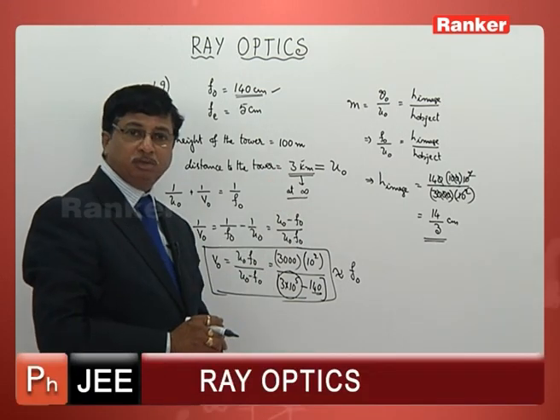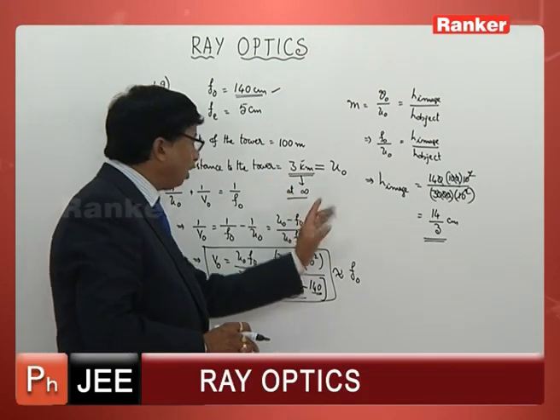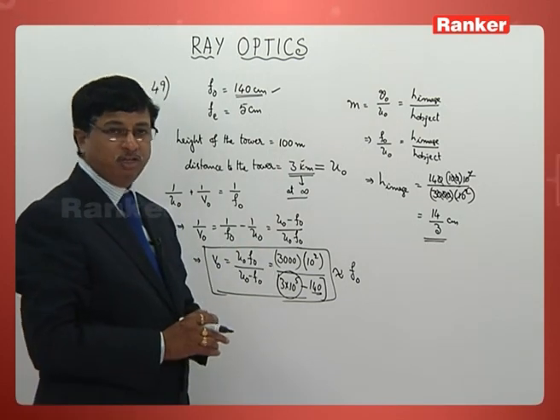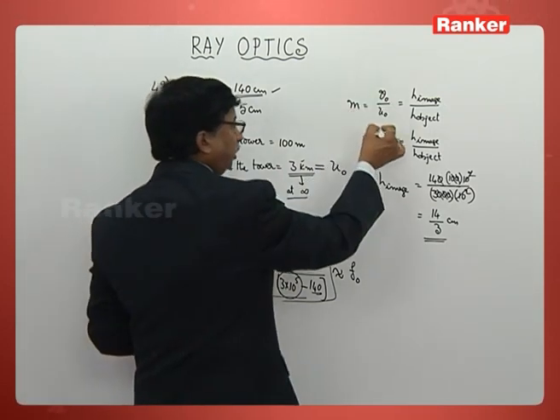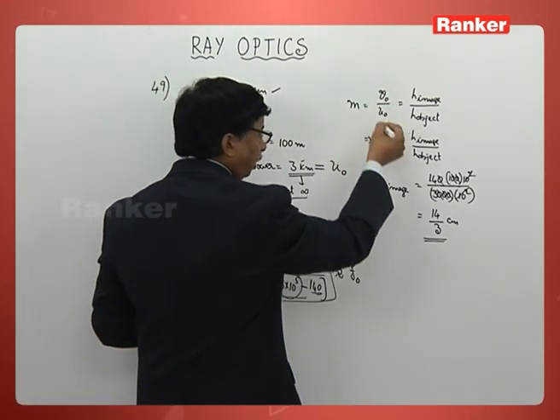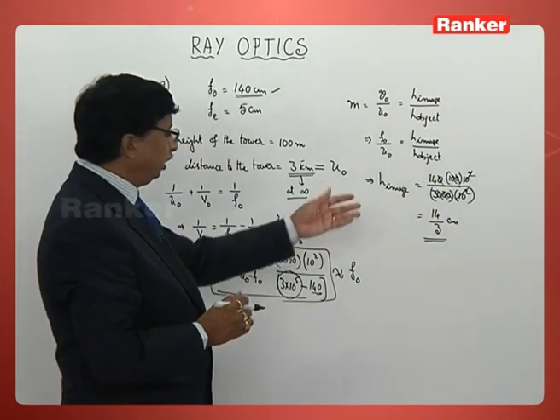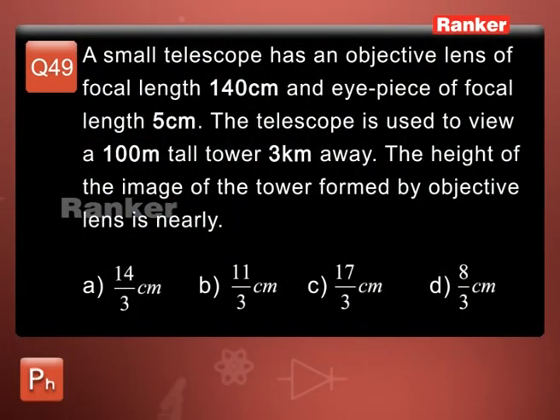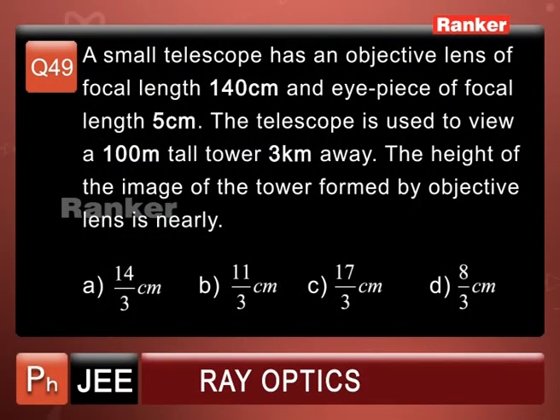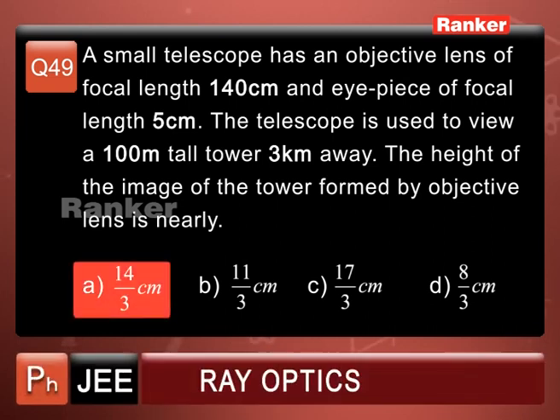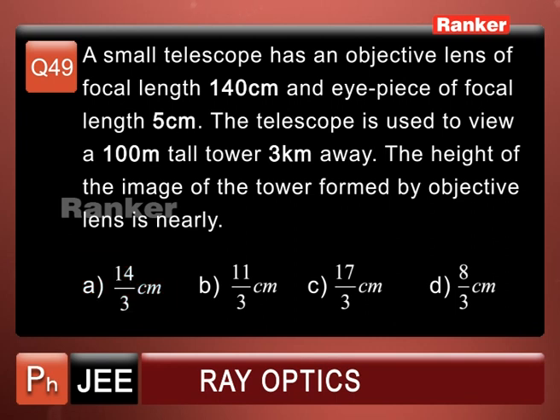So considering that concept, go ahead this way. This VO can be written as FO, and equating the values and substituting the numbers, you will get 14 by 3 centimeter, which is exactly the very first option provided to us in the problem. So problem 49 has the first option as 14 by 3 centimeter.